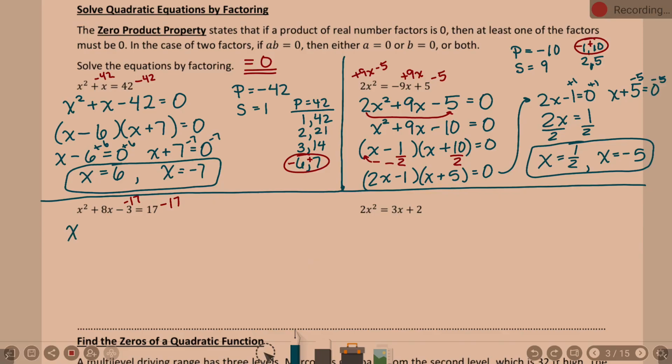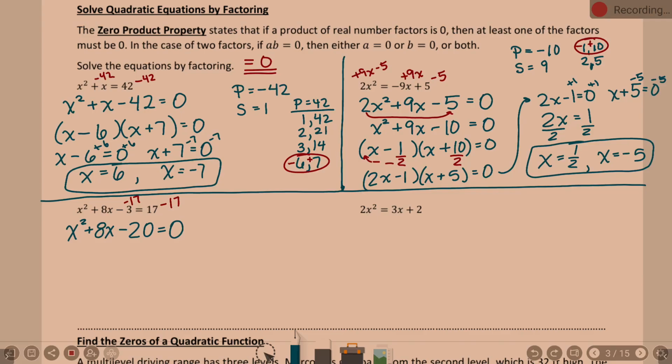X squared plus 8x minus 3 minus 17 is going to be minus 20. Is there a GCF? We want there to be one, but there's not, is there?